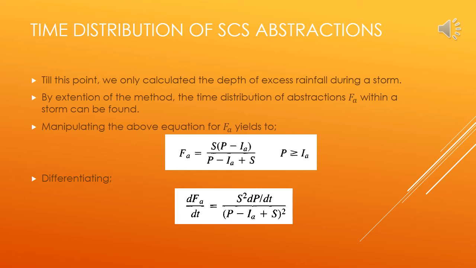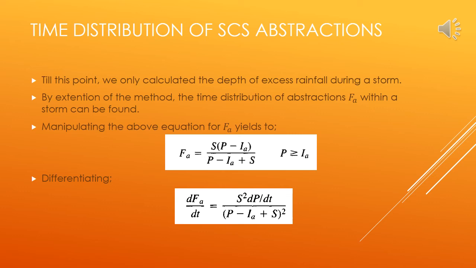Manipulating the above equation, FA is equal to S times (P minus IA) over (P minus IA plus S), where the precipitation is bigger than the initial abstraction.